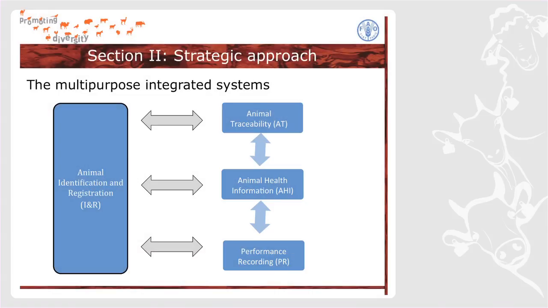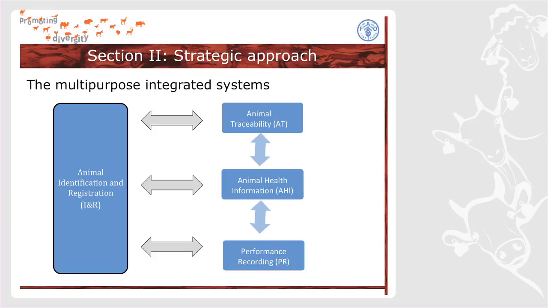How are we going to translate this approach into a system? The concept is very simple. This system has four components. The first component is animal identification and registration, which is the backbone of the system. The second component is animal traceability. The third component is animal health information.